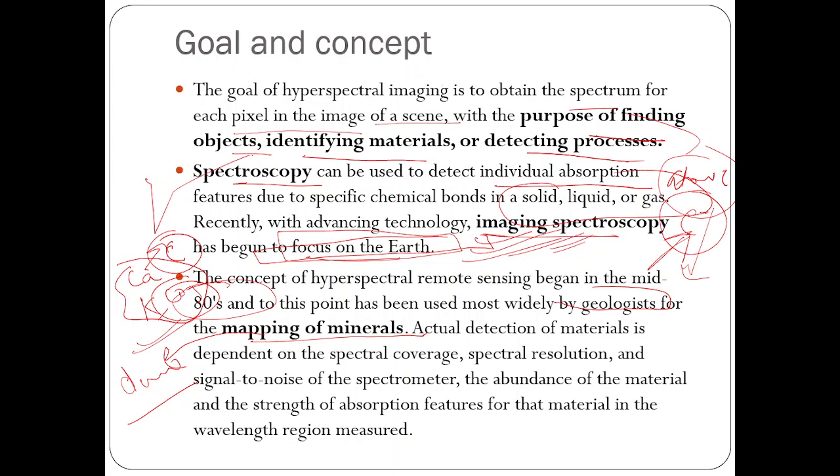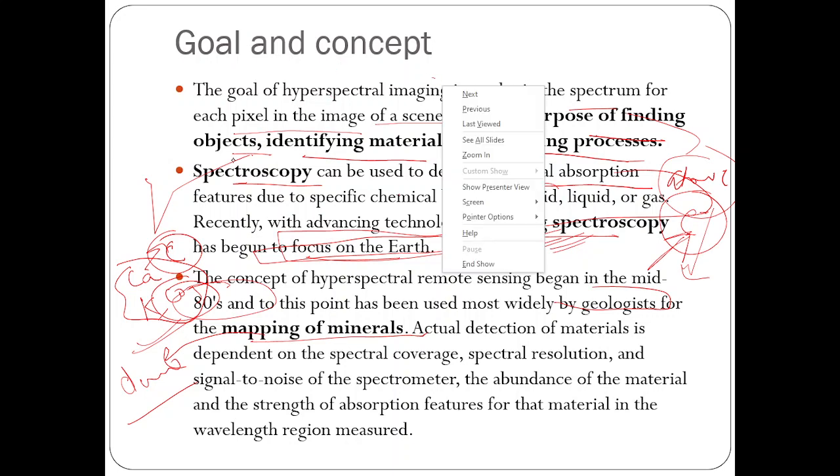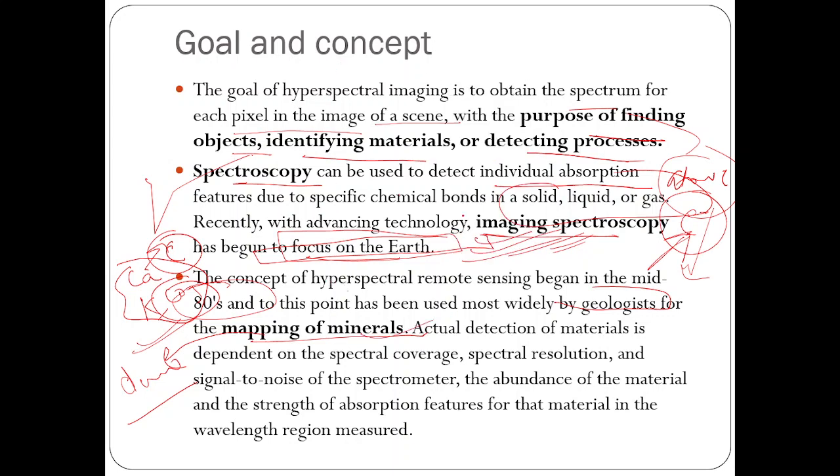The goal is identification and finding of objects, and mapping of minerals. It depends upon spectral coverage, spectral resolution, and the signal to noise ratio of the spectrometer. The instrument quality is also taken into account, along with the abundance of the material and the strength of absorption features of the material in the wavelength region measured.